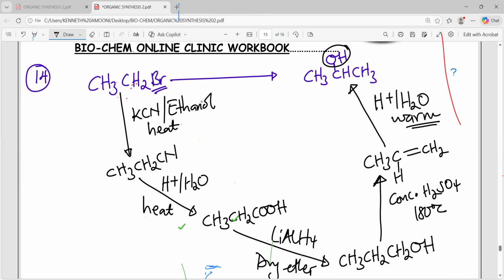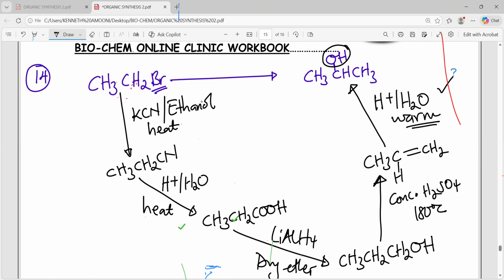So you can see we have increased the carbon chain and after increasing the carbon chain, we have changed the hydroxyl group to position number 2, and this reaction has helped us. So the next time you're having a change in the position of the hydroxyl functional group, you can use acidified water and then you warm.